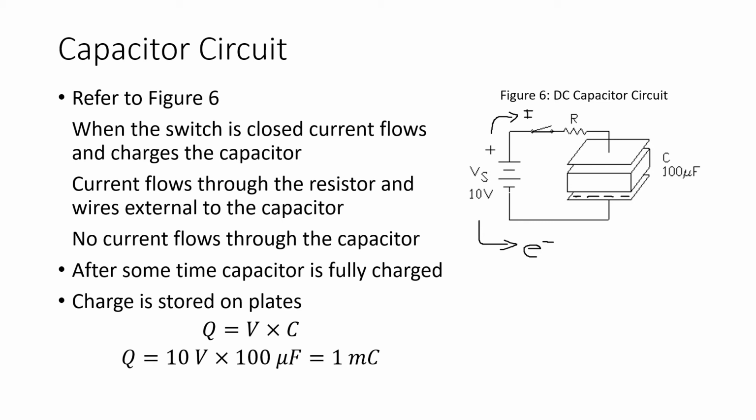And electrons will leave the top plate and flow back to the positive terminal of the voltage source. And when these electrons leave the top plate, they'll leave behind a deficiency of electrons, or a positively charged plate.